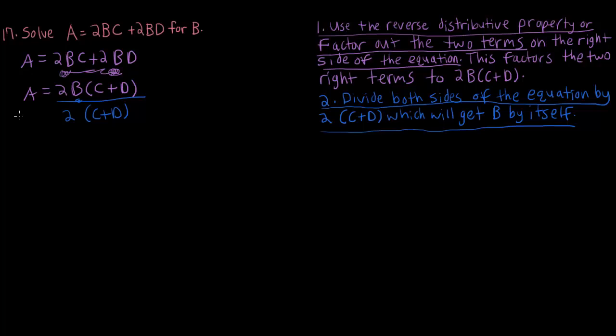We divided that on the right side, so we have to divide 2 times capital C plus capital D in parentheses on the left side as well. And we just end up with capital A over 2 times capital C plus capital D equals B. Or we can just write that as B equals capital A over 2 times capital C plus capital D.